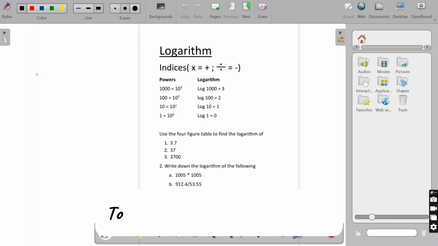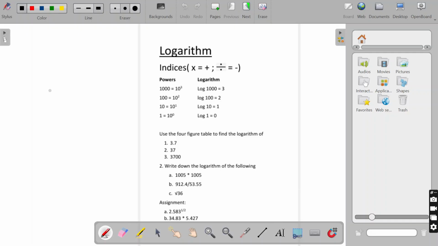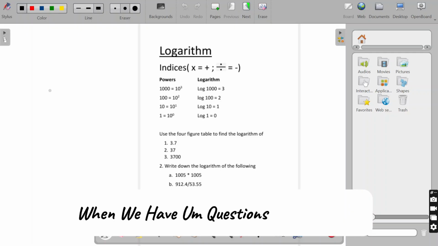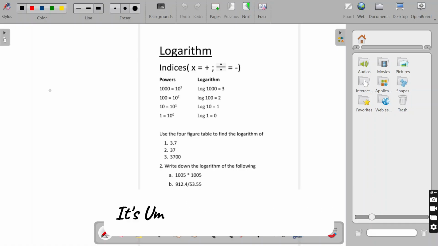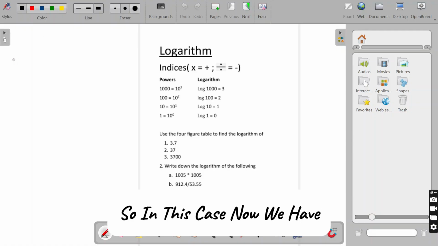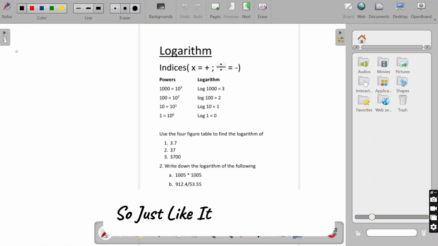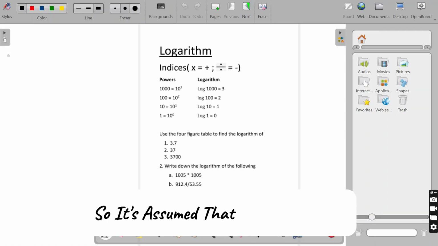To start with, I want to simplify it. Questions that border on logarithm are simple to approach. Just like it says, 4-figure table, so it's assumed that we are working with a 4-digit number.